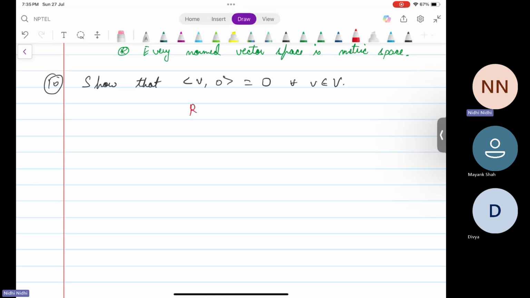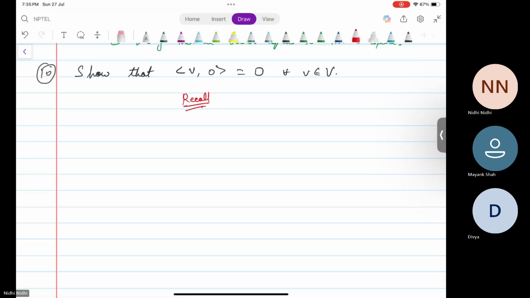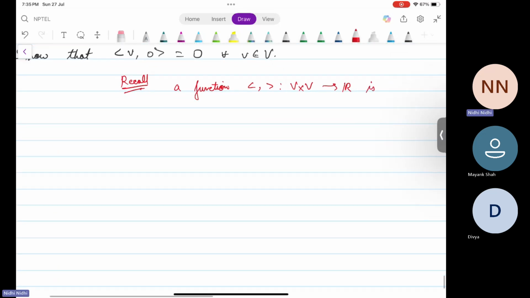Let's just recall the properties of inner product. A function written in this way from V cross V to R is said to be an inner product if it satisfies the following.